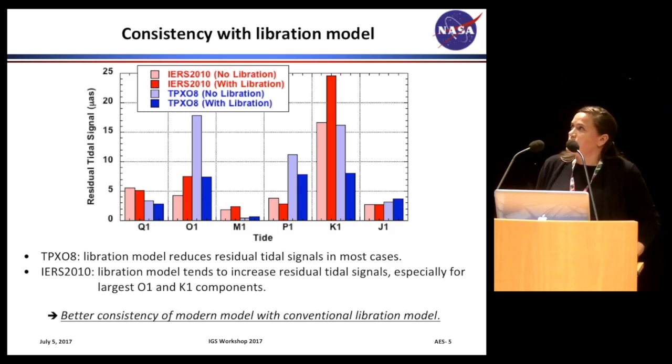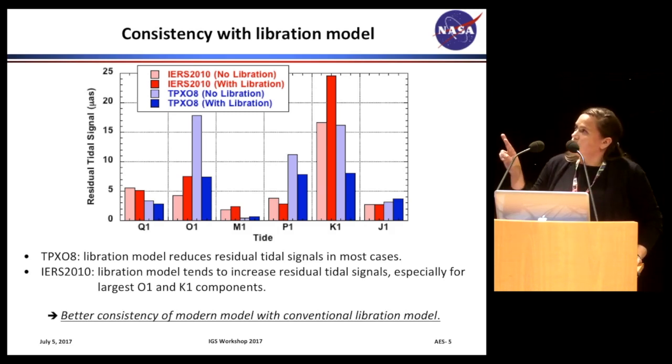So we show here on that figure the residual tidal signal in the diurnal prograde band. That's the sum total of the predicted ocean tide and libration effects. So the lowest value indicates the best consistency between the libration model and the ocean tide model.